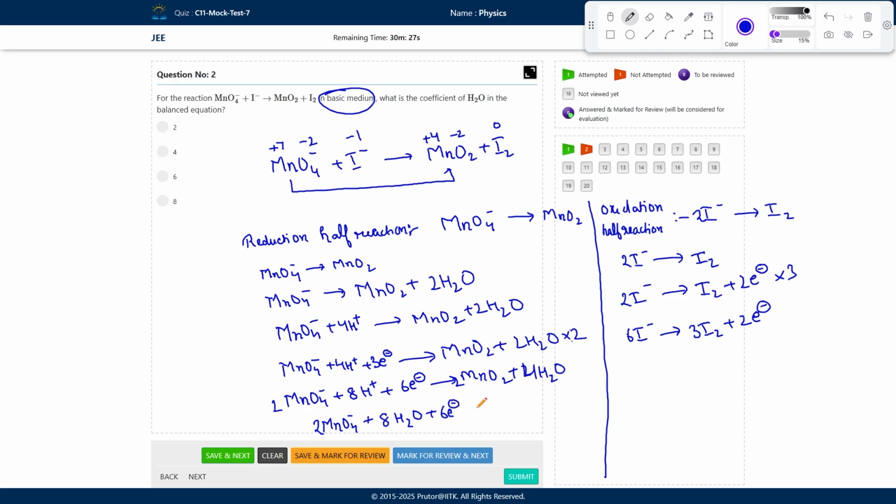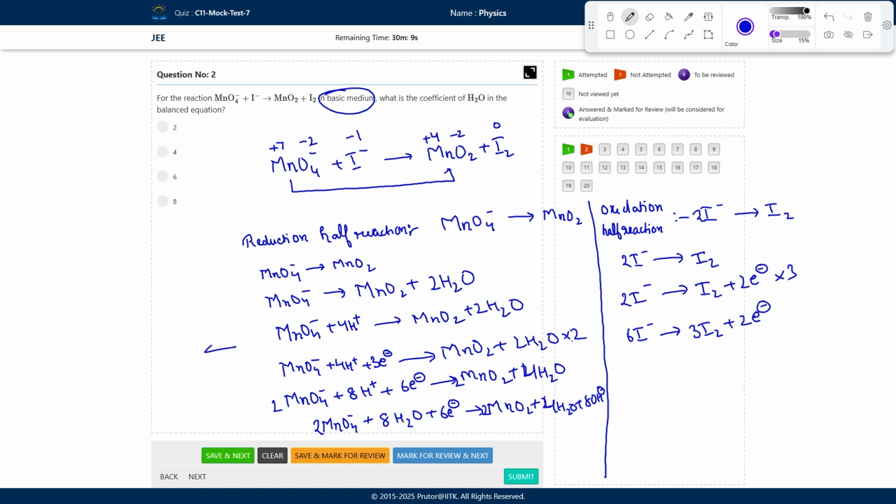Similarly, you will add 8 OH minus on the right hand side as well. So this will give you 4 H2O plus 8 OH minus. Now 8 H2O minus 4 H2O, so we bring this 4 H2O to the left hand side.